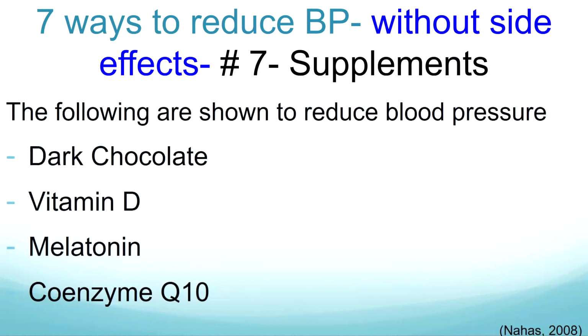Now the last thing, coenzyme Q10. The other name is CoQ10. I've actually seen a doctor prescribe this to one of the patients I was taking care of. CoQ10, this is amazing research. This was done in a meta-analysis.